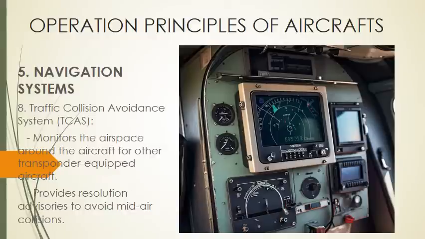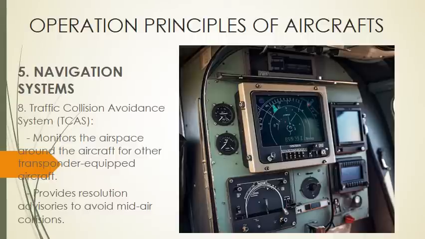Traffic Collision Avoidance System. Okay, this monitors the airspace around the aircraft for other transponder-equipped aircraft. It provides resolution advisories to avoid mid-air collisions. So this system is simply put in place for collision avoidance.